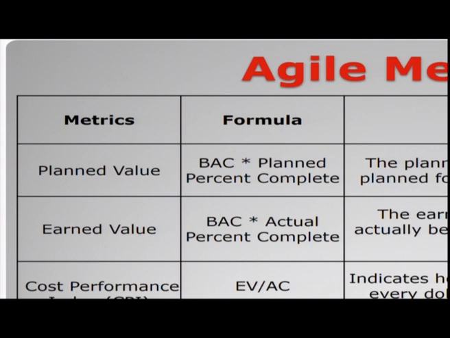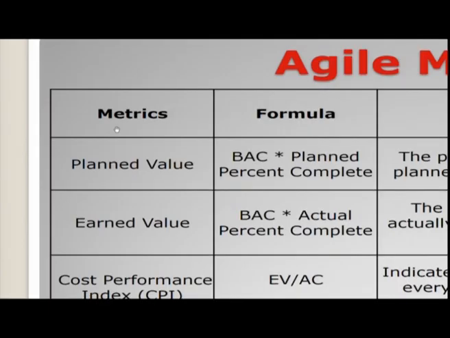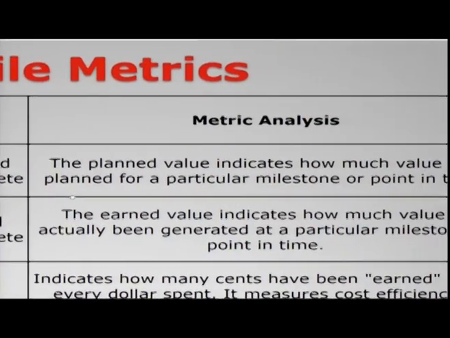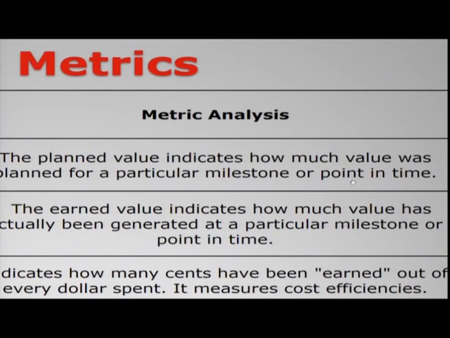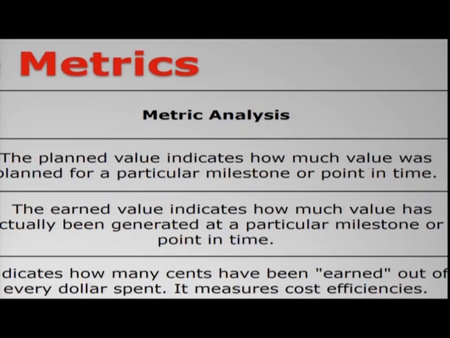My dear viewers, what is BAC? In my previous slide, BAC denotes budget at complete. So the planned value is budget at complete multiplied by planned percent complete. So let us see the metric analysis. Metric analysis states the planned value indicates how much value was planned for one particular point in time.